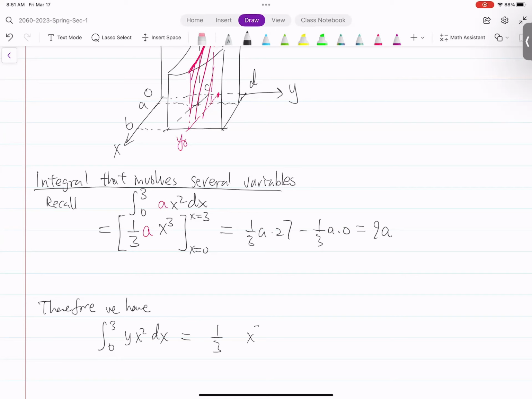I do the antiderivative of everything in terms of x, but y is a constant multiplier, treated as a constant. x is 0 and 3 in the lower and upper bounds. You see why I'm writing x equal to, because there's another variable that I don't want to mess with. So this is exactly fine.